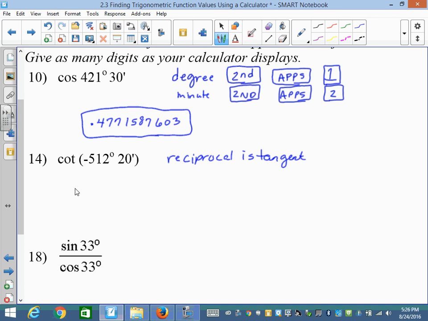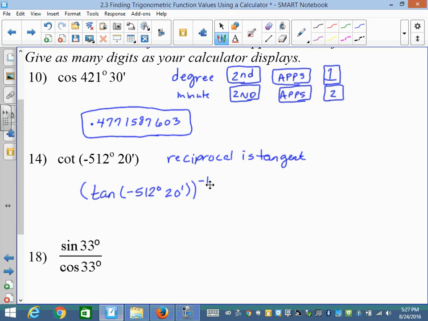So what you're going to do is put it in as tangent, parentheses, tangent of negative 512 degrees, 20 minutes, close your parentheses, to the -1 power.